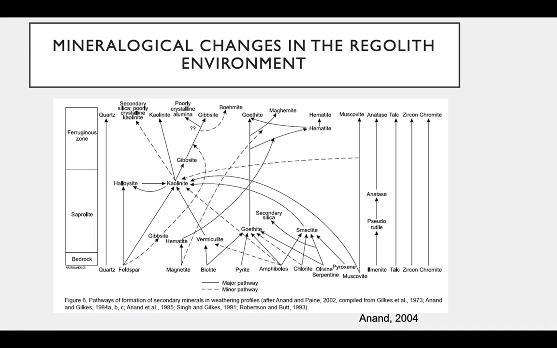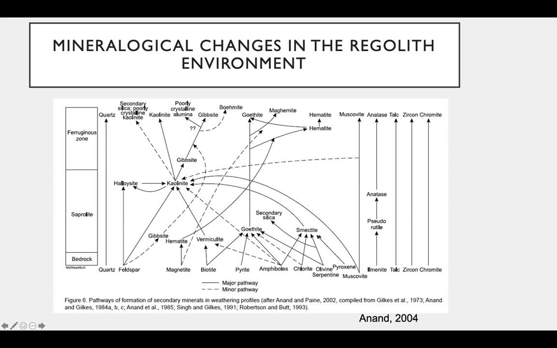But like I said, we have this situation where we're potentially hydrating and oxidizing minerals, so we're getting these breakdown products. We have things like feldspar that probably would go to kaolinite, so clay. We have sulfides, amphiboles and chlorite that are probably releasing iron that can form goethite, so iron-rich clay.